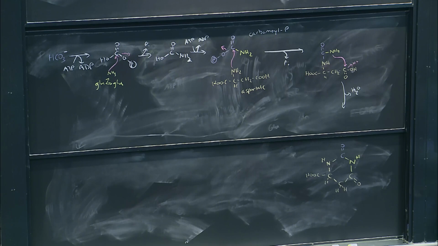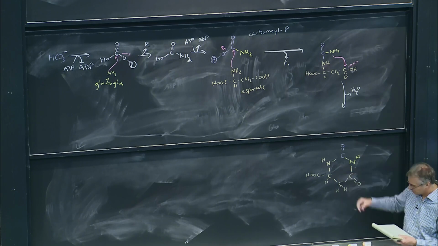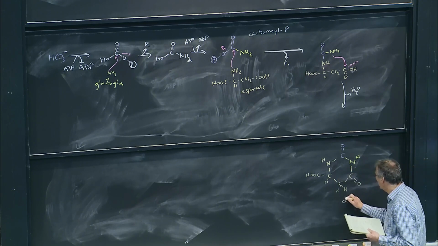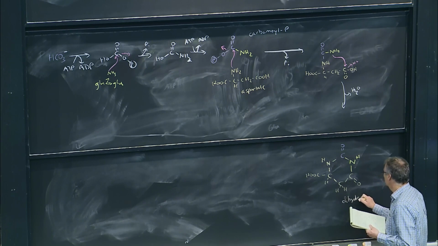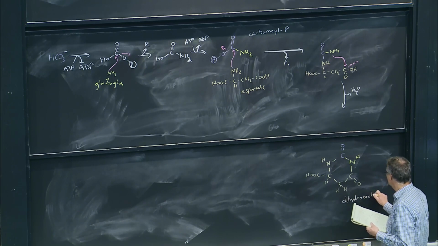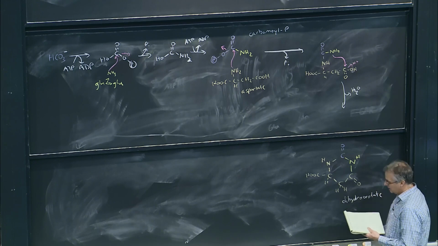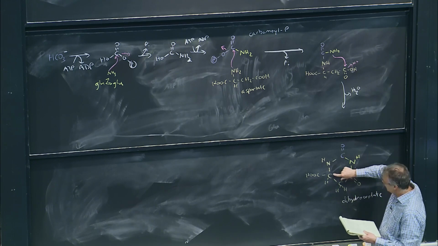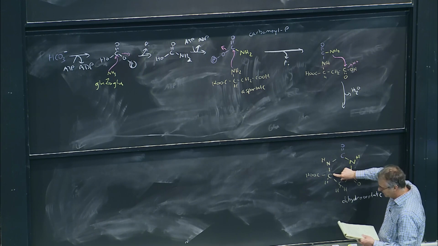Okay? I drew it this way because the next step, so this molecule is called dihydroorotate. Okay? And the next step is going to be to oxidize this carbon-carbon bond.